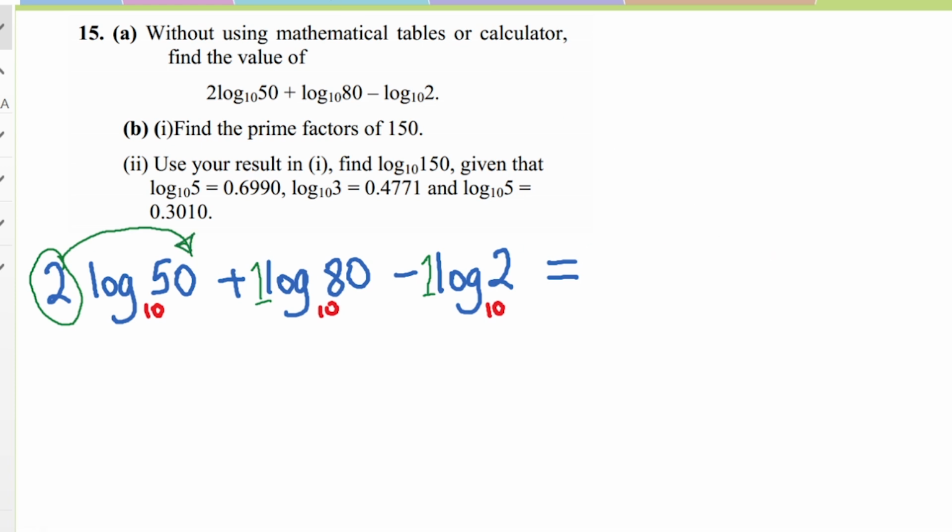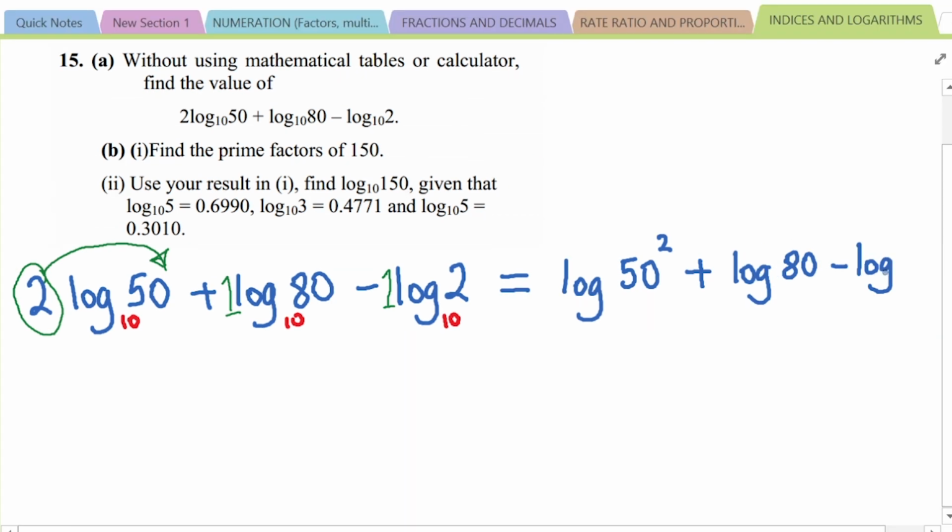So it's going to become the log to base 10 of 50 squared plus the log to base 10 of 80 minus log of 2 to the base 10.